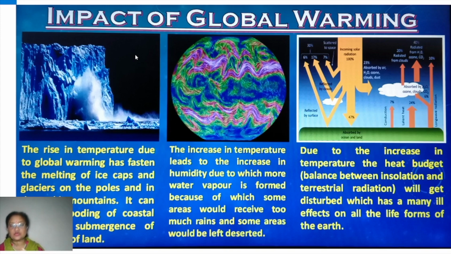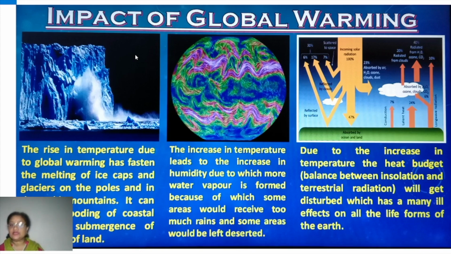Now these coastal cities are in great danger of getting submerged underwater. Moreover, a few islands are at a very low level, so because of the rising sea level, these are totally in danger of getting drowned underwater. So this is again one thing which you should keep in mind.